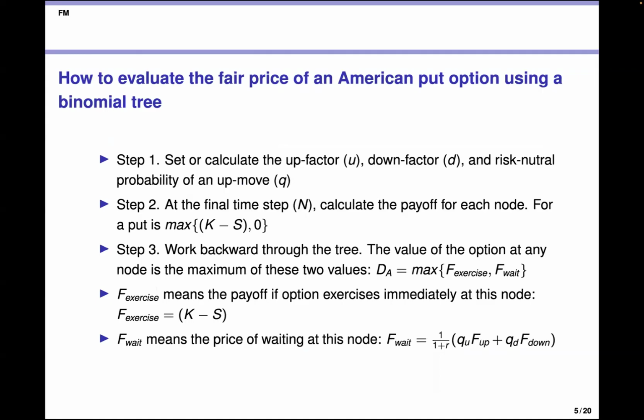The problem is that we don't have an analytical formula, and it's impossible to get an analytical formula like Cox-Ross-Rubinstein. So we choose the same way as for the European option. It was backwards, remember, and it was similar, but you will see the difference.